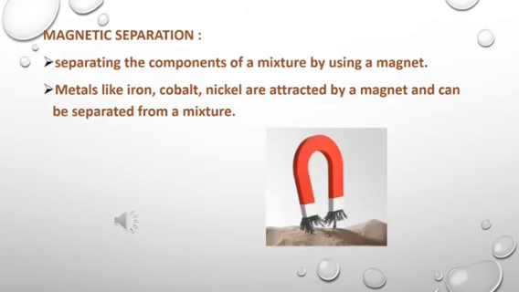Metals like iron, cobalt, nickel are attracted by a magnet and can be separated from a mixture. So, what is magnetic separation? Separating the components of a mixture by using a magnet is called magnetic separation.